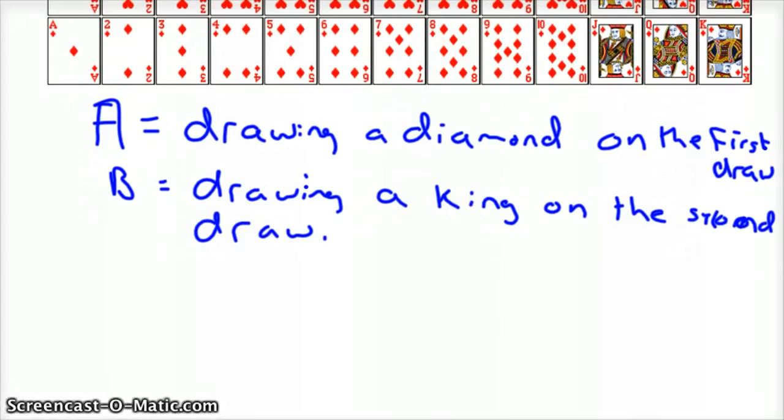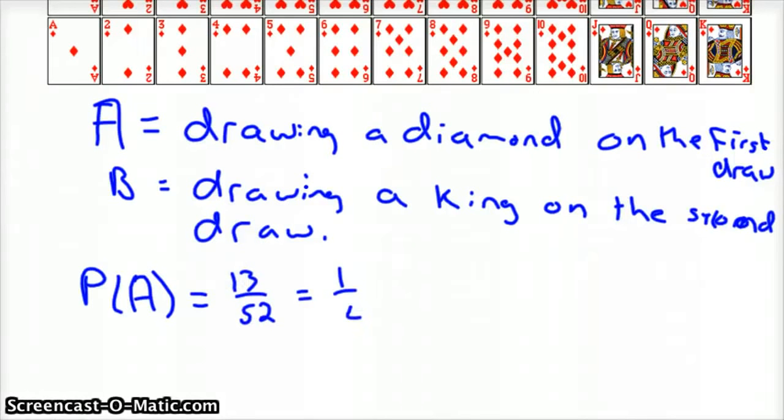And so the probability of A, drawing a diamond the first time, well, there's 13 diamonds out of 52 cards, and you could use the simplified version of that, 1/4. And the probability of B, drawing a king on the second draw, and remember, each time we're replacing the card.